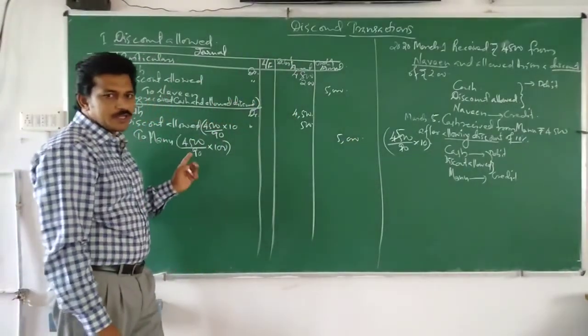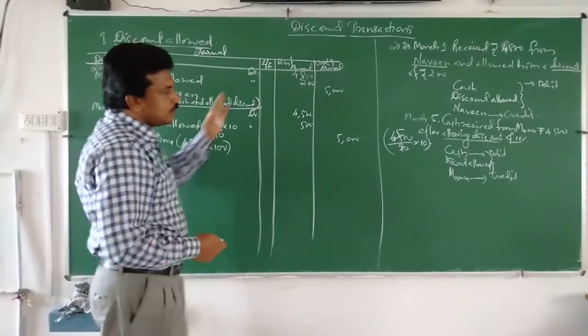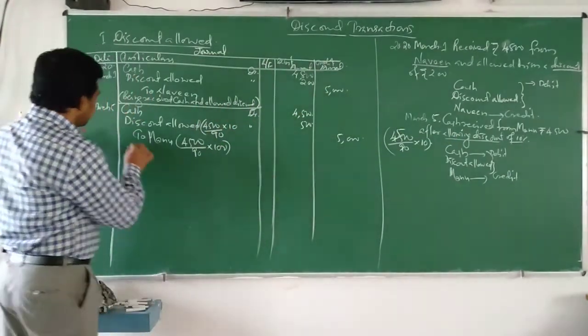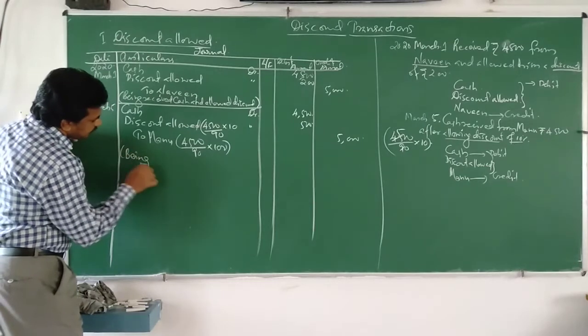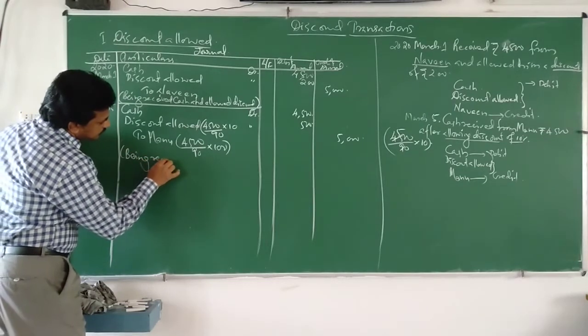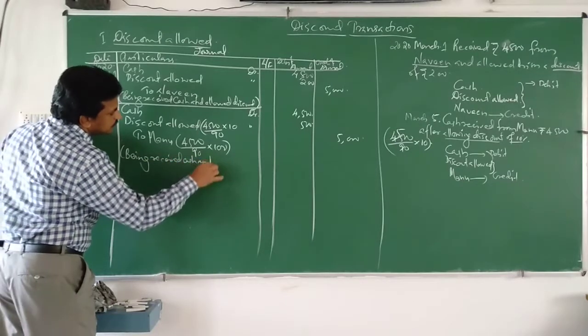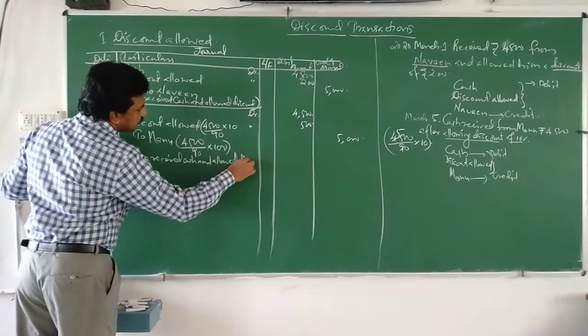Okay, is it clear? So this is the way of calculating discount if only the percentage is given. Then narration: received cash and allowed discount.